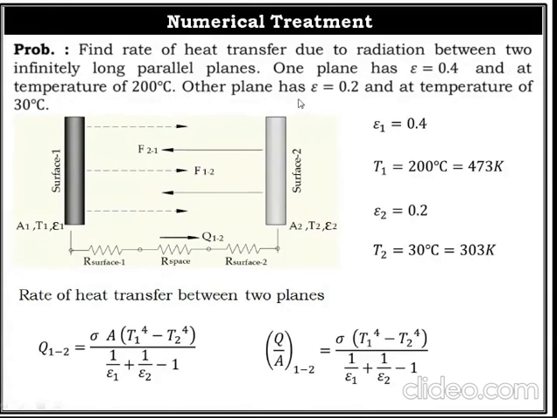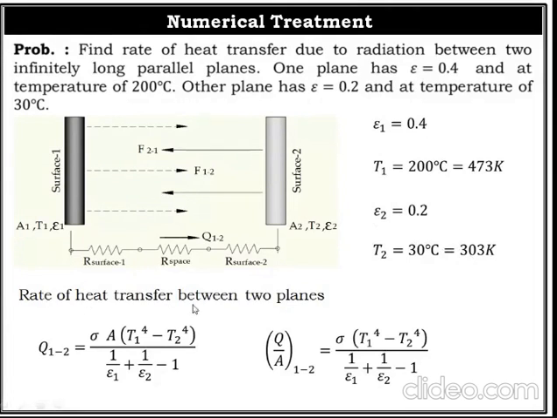The other plane has emissivity 0.2 and is at a temperature of 30 degrees centigrade. So we know emissivity 1 is 0.4, temperature T1 is 200 converted into Kelvin. Emissivity 2 is 0.2, temperature 30 converted into Kelvin.